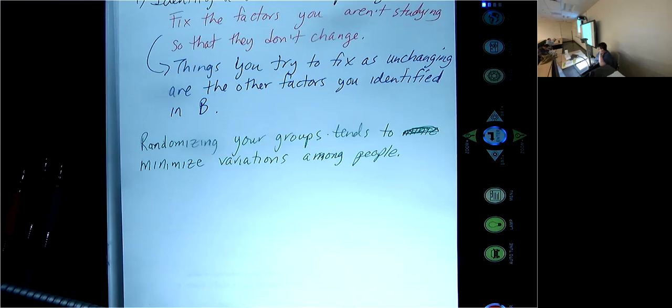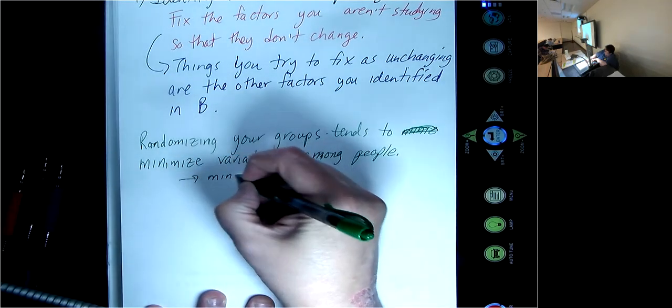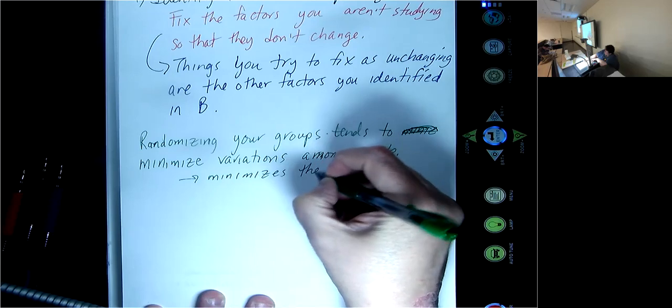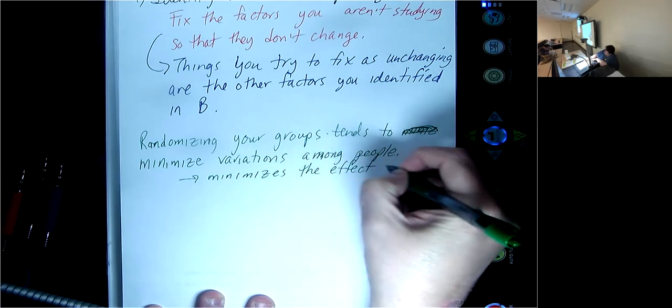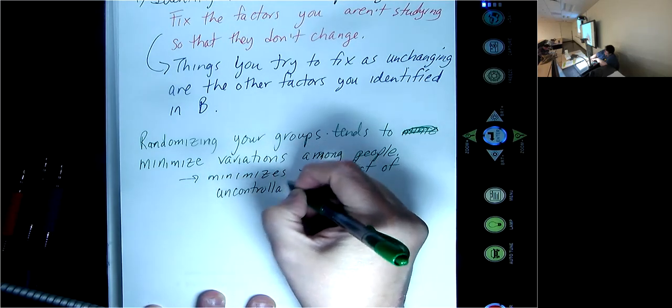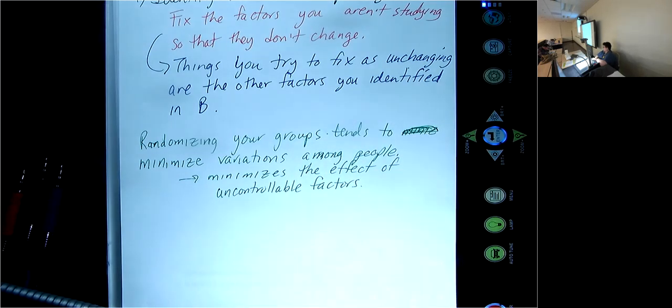What else we want to do? Oh, so it minimizes the effect of uncontrollable factors. You can't survey a bunch of people and say, you know what, you all need to be Hispanic.